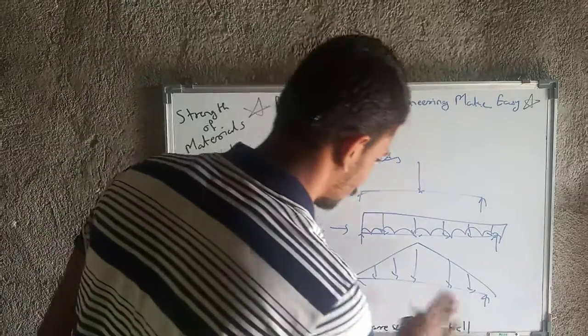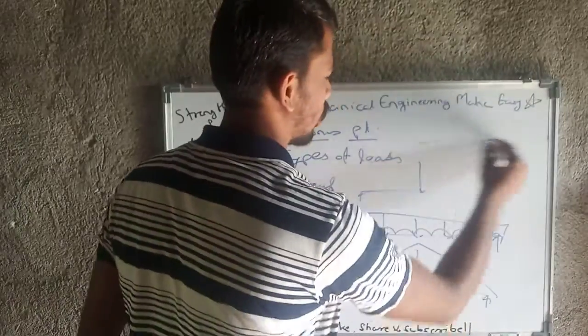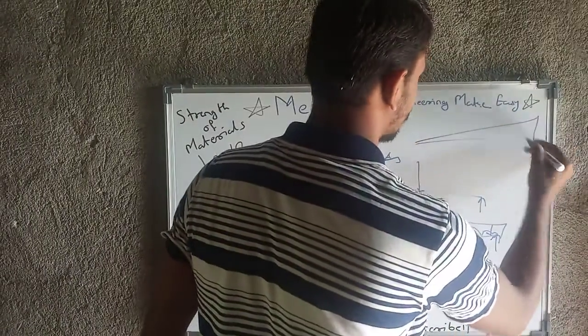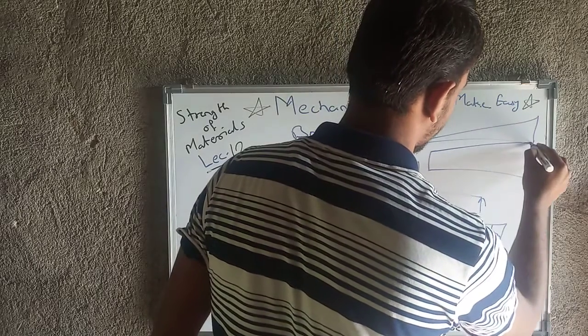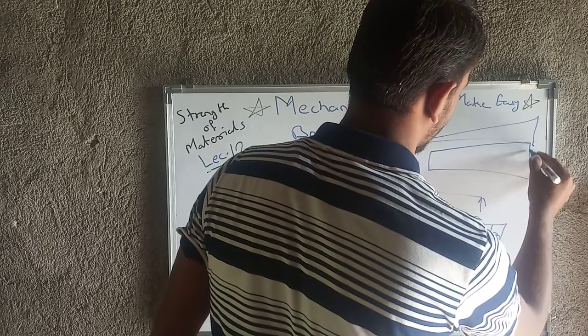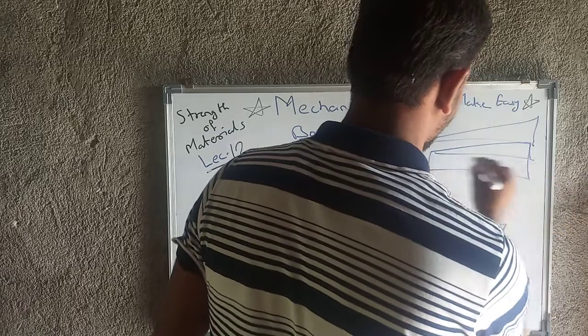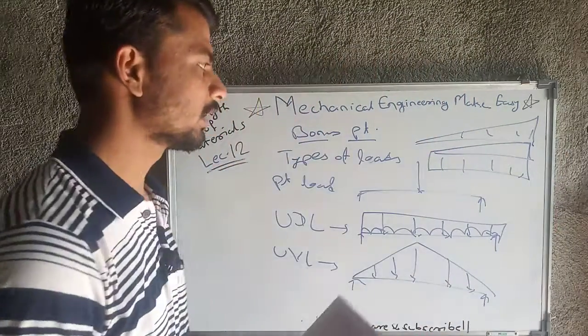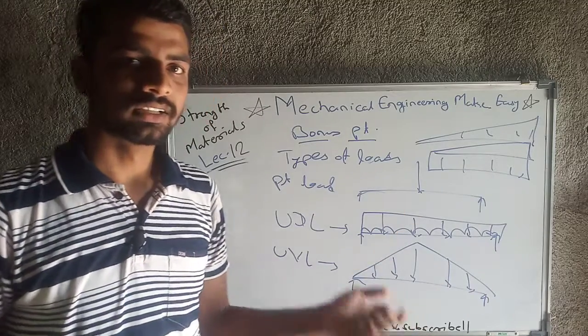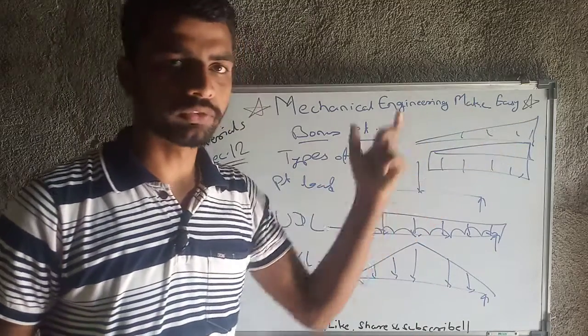This figure I have shown you is one case, or this is also a case. There are different cases possible for UVL, but in case of UVL there will always be a triangular load.